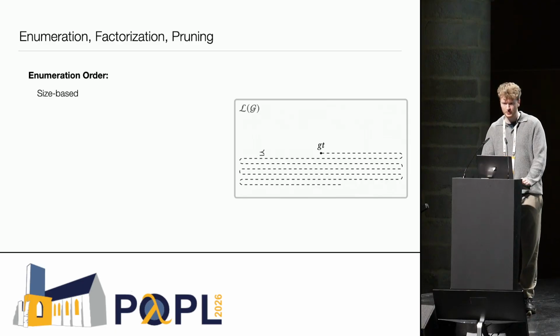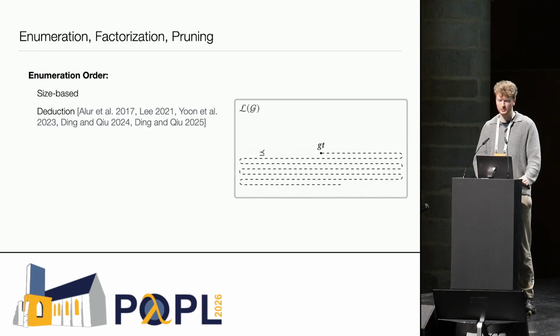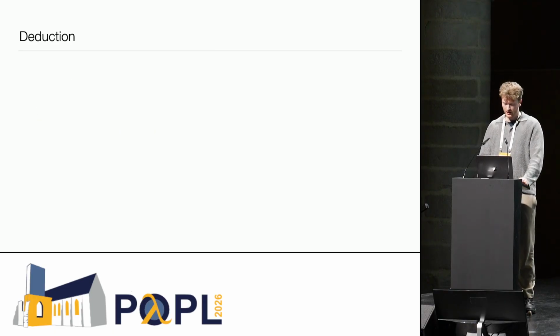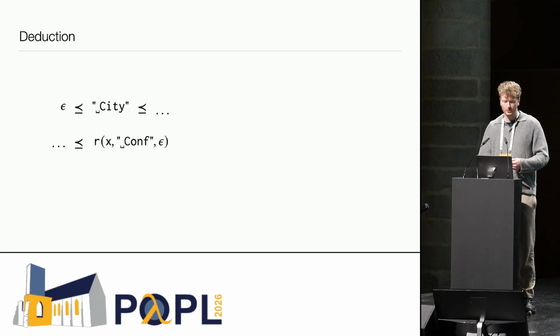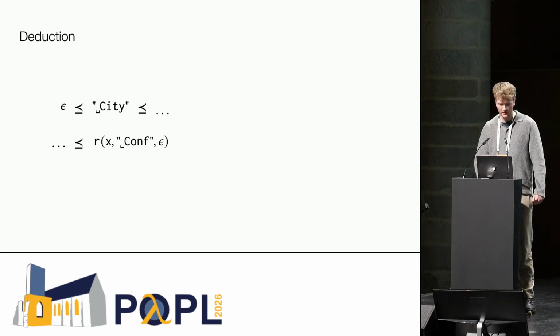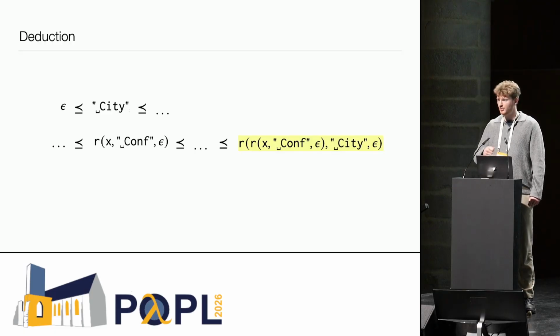One trick you can do is use deduction, which was studied in various synthesis papers before. And what deduction does is the following. During the enumeration process, you've seen that we enumerated epsilon, city, then some more programs. At some point, we enumerated the program that replaces conference by the empty string. Then we enumerated some more. And at some point, we got to our solution.